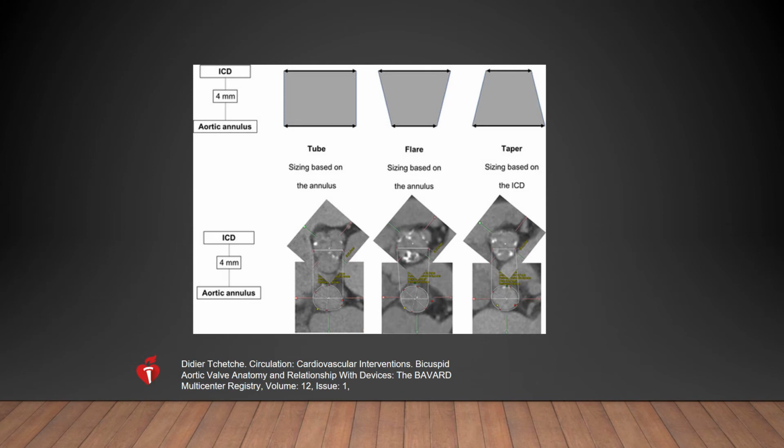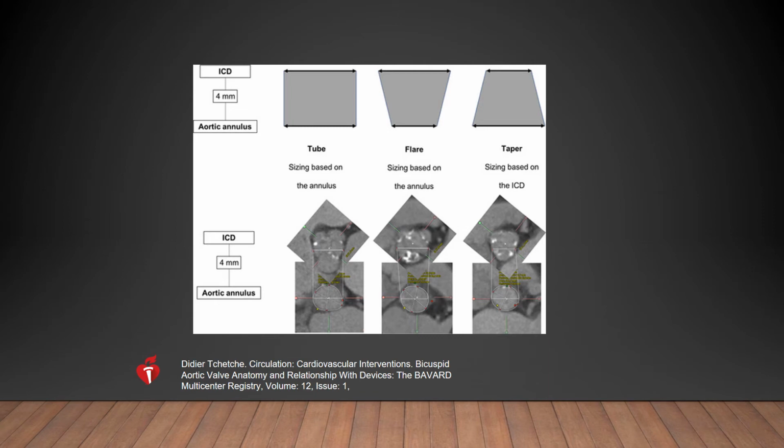If it's in the shape of a tube, then sizing is based on the annulus. If it's in the shape of a flare, then sizing is based on the annulus again, as you can see. You certainly don't want to size it to the intercommissural dimension, especially with a balloon expandable valve, because you'll be looking at some potential complications.